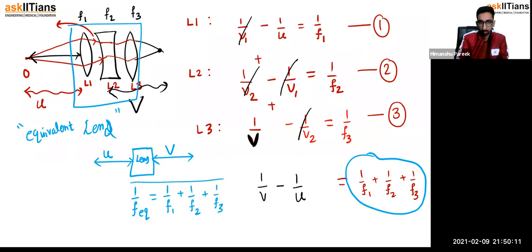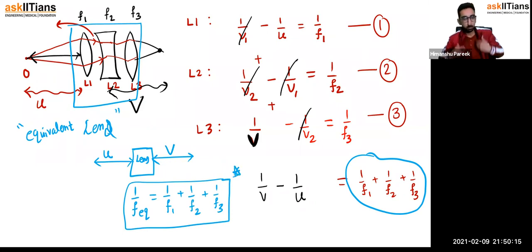Basically what I'm saying is that I can simply replace it with a single lens whose 1 by f equivalent is 1 by f1 plus 1 by f2 plus 1 by f3. So it's that simple actually.